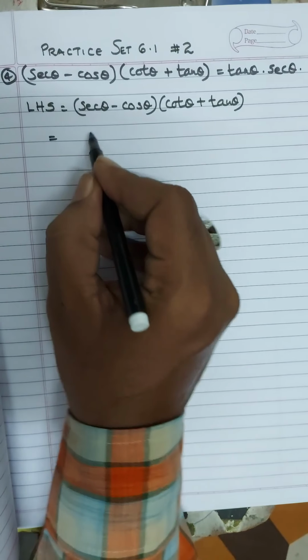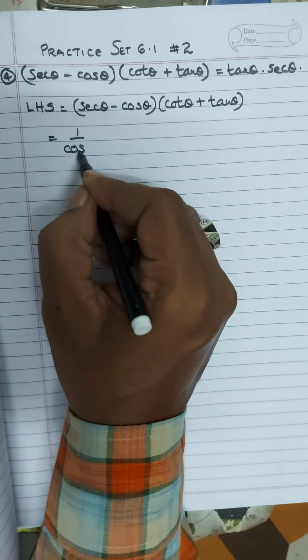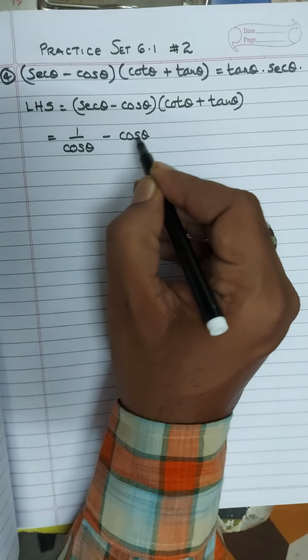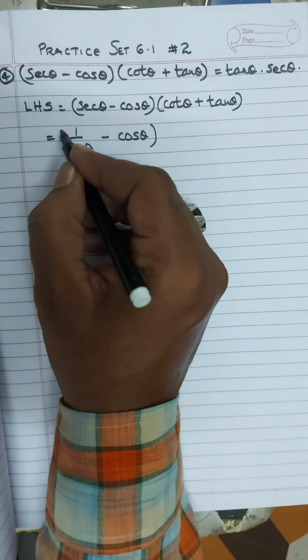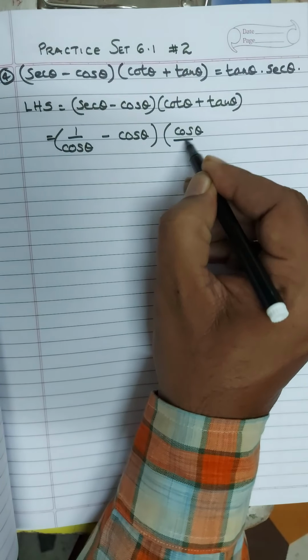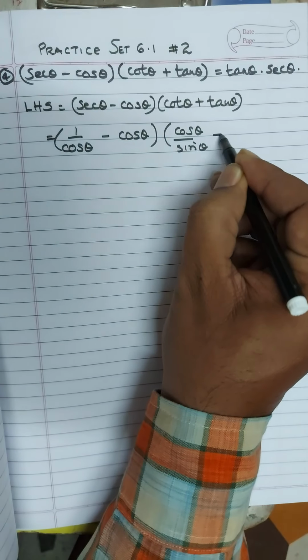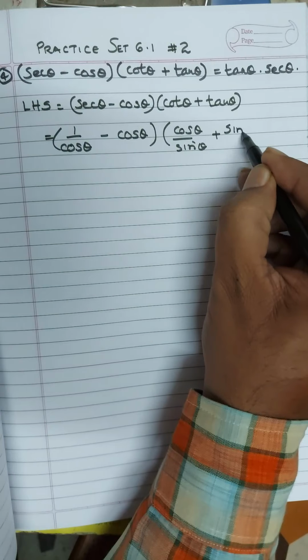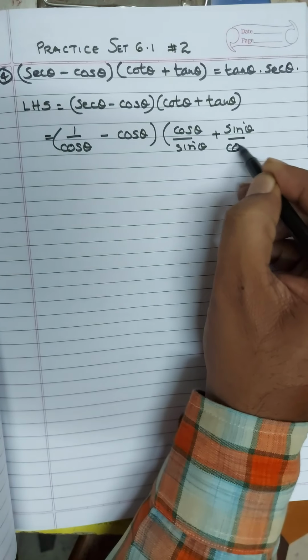So let's start. Sec theta is 1 upon cos theta, minus cos theta, which remains as it is, in one bracket, and cot theta means cos theta upon sin theta, and tan theta, the relation is sin theta upon cos theta.